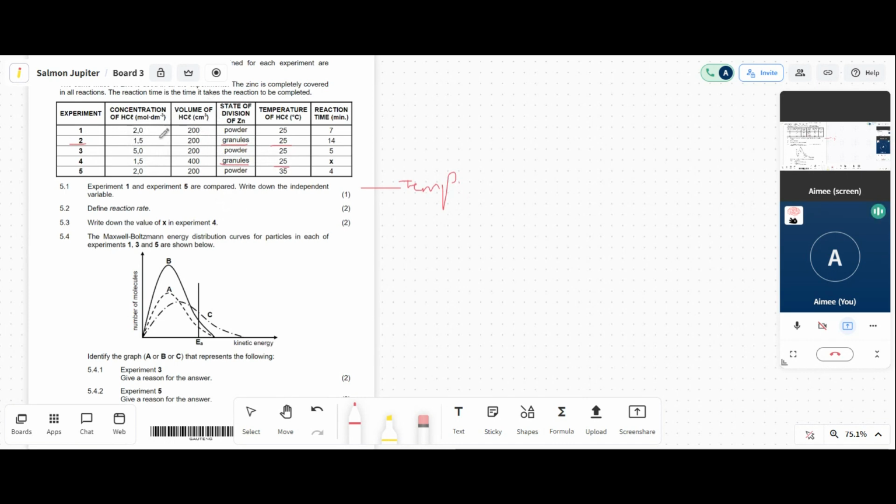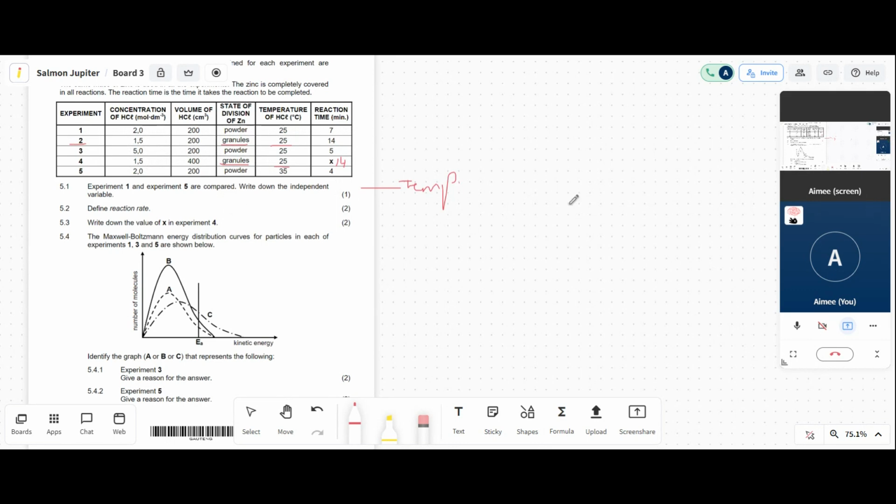But the concentration is the same, which is the key thing here. And everything else is the same. So changing the volume but delivering the same concentration means I can assume that the reaction time for experiment 2 was identical to the reaction time for experiment 4. And so I said that X was equal to 14 minutes.